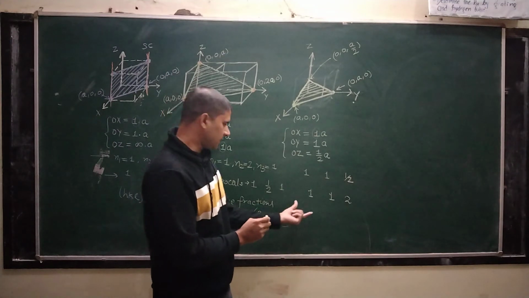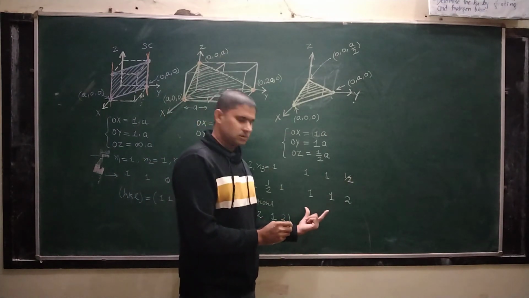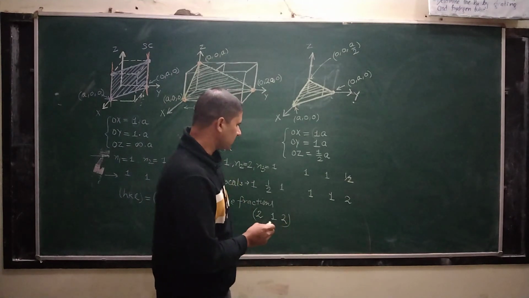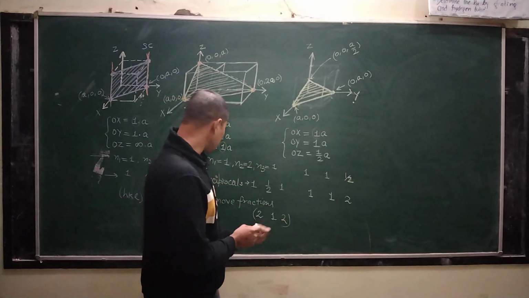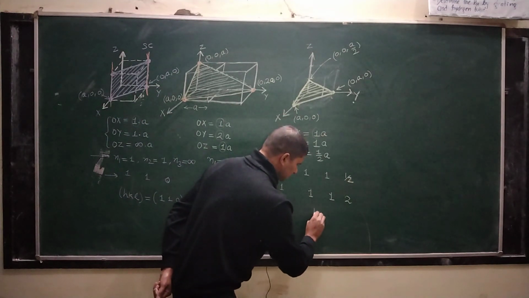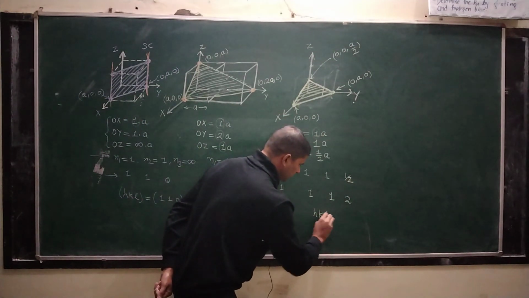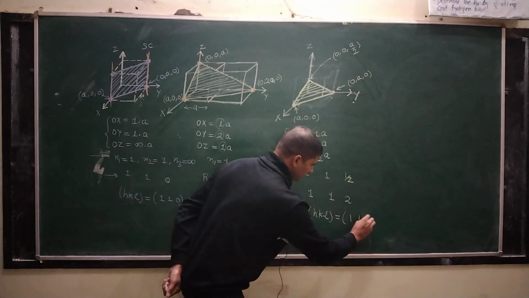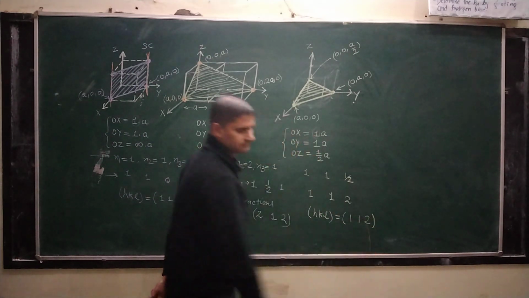If there is any fraction, then you will solve it, otherwise it is okay. So class, these are now put in parentheses. So the Miller indices for this plane will be (1 1 2).